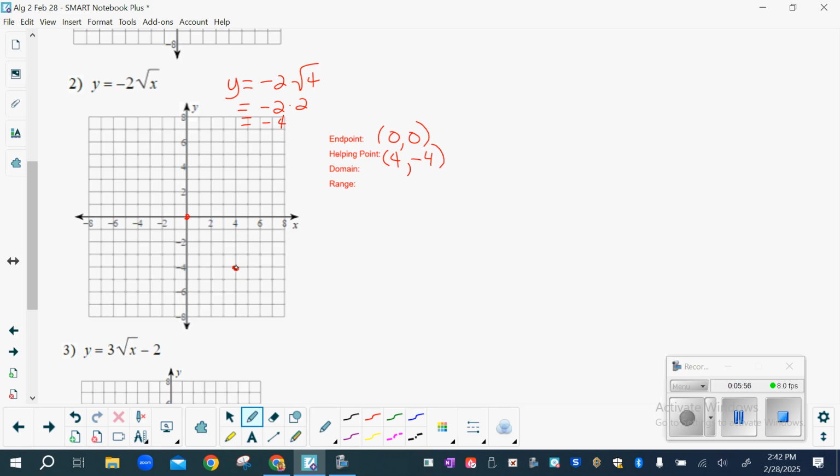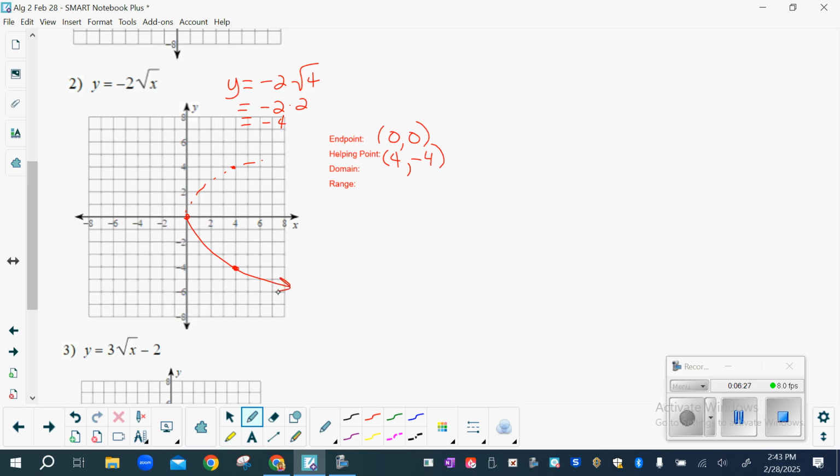The second one. It's going to go down, like a rainbow. We are reflecting it, so my graph goes like this. If you're unsure, you can always put another point in. That dotted line we don't need. I just wanted to show you that that's why the graph curves downward like that.